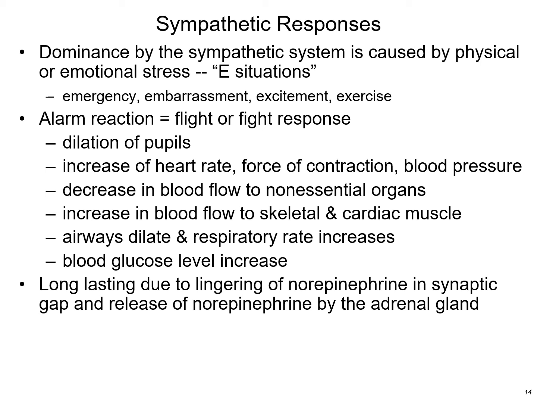The blood is effectively channeled away from these organs towards the cardiac muscle and skeletal muscle. So this is how we achieve increased blood flow to skeletal and cardiac muscles, not only by increasing heart rate, but on top of that, we are channeling blood away from non-essential organs: digestive, urinary, reproductive system.